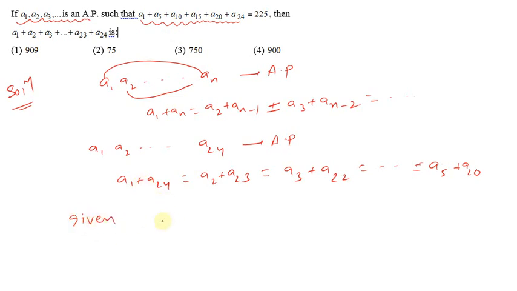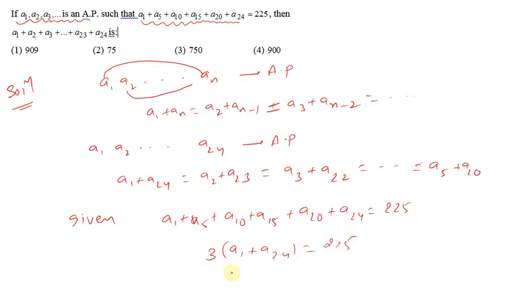So given a1 plus a5 plus a10 plus a15 plus a20 plus a24 is equal to 225, we can write this as 3 into a1 plus a24, which is equal to 225. So a1 plus a24 is equal to 75.